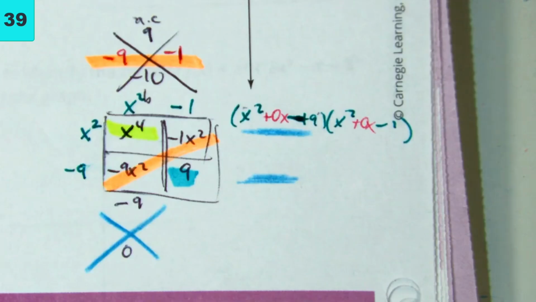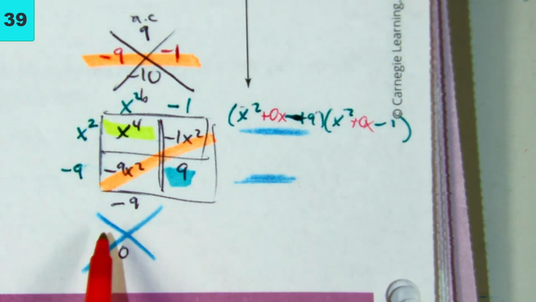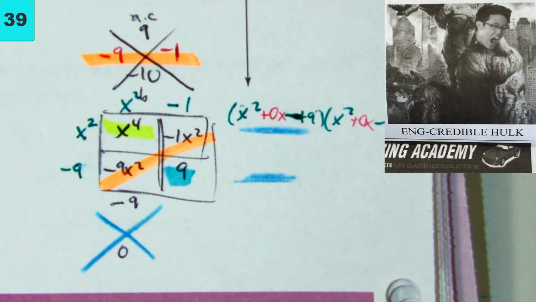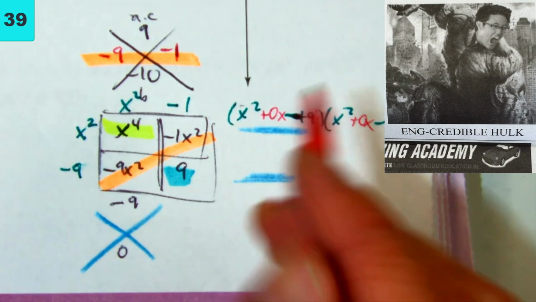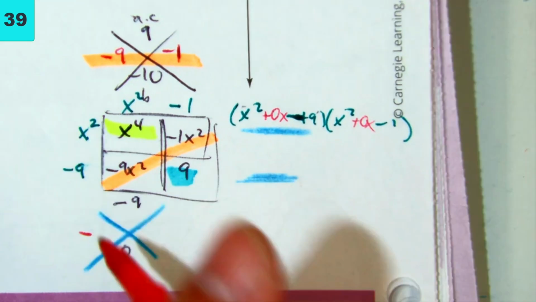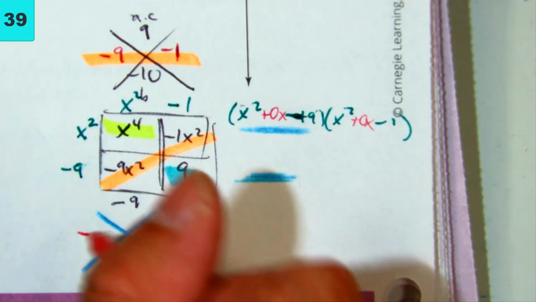Partner A, whisper to partner B, what are the two numbers? Leslie P, what are my two numbers? Sade, what are my two numbers? Will negative 9 and 0 add to be 0?